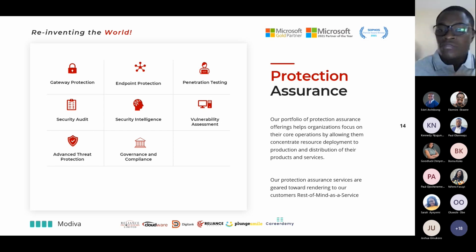This pillar speaks to giving organizations protection from advanced threats, cyber attacks, ransomware, breaches, and other hackers in society. The solutions we have under this pillar are endpoint protection, advanced threat protection, and the security intelligence solution.